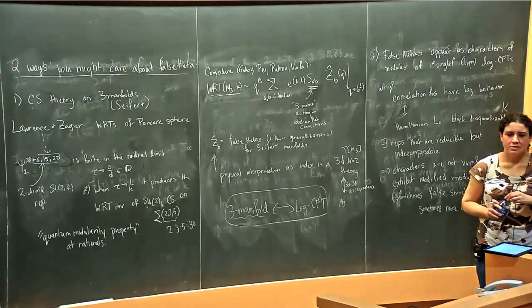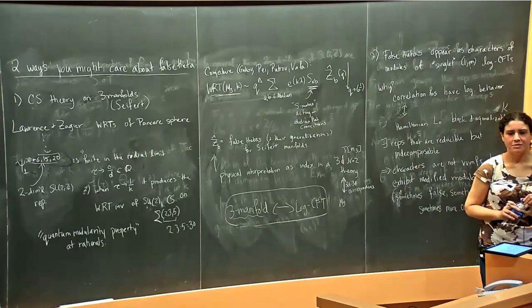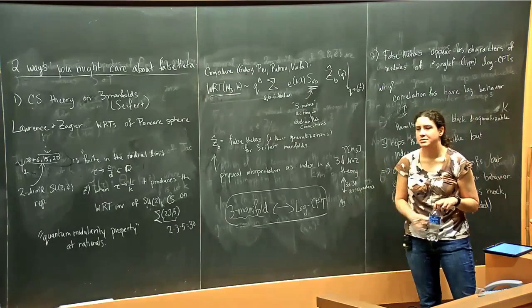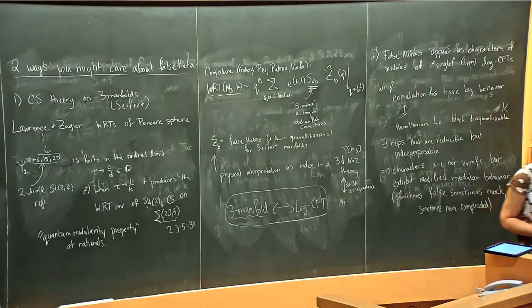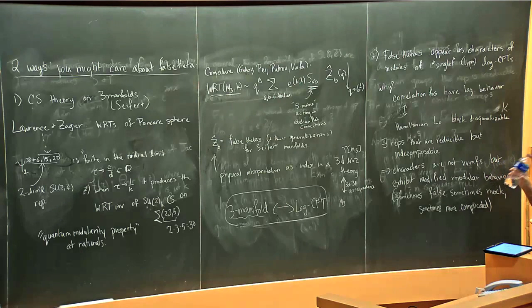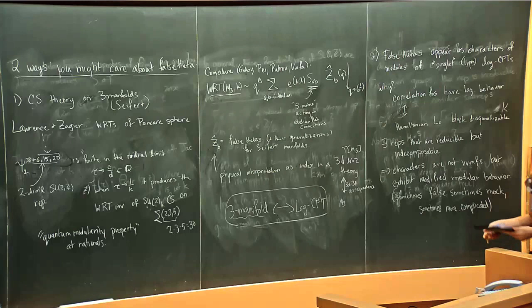And if you do something more complicated, like a hyperbolic three-manifold, probably also not log CFT, probably something even more complicated. I think it's a good question. I don't know the full answer, but maybe a partial answer is that what makes them special is that their characters are not quite modular.